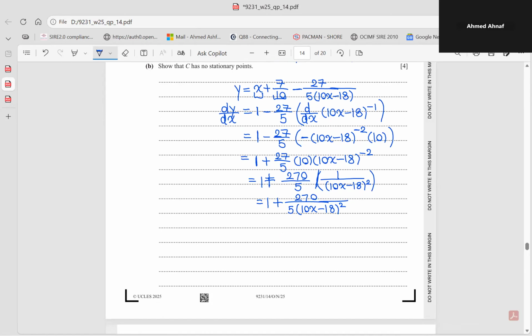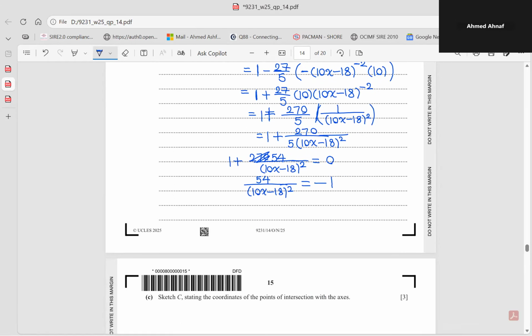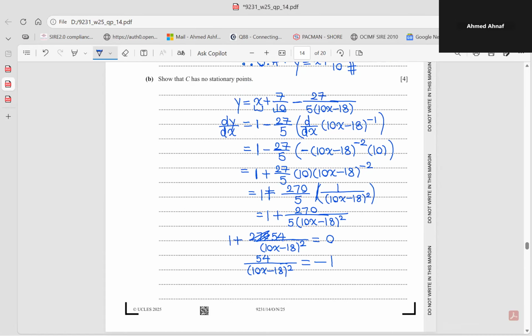Now we just equate it to 0. So 1 plus 270/5, that's just 54 over 10x minus 18 squared equals 0. And 54 over 10x minus 18 squared equals -1.